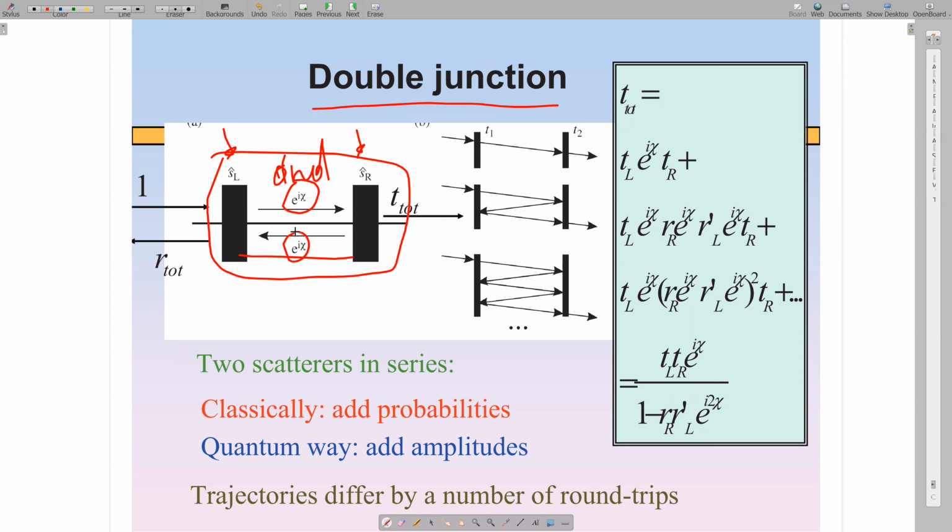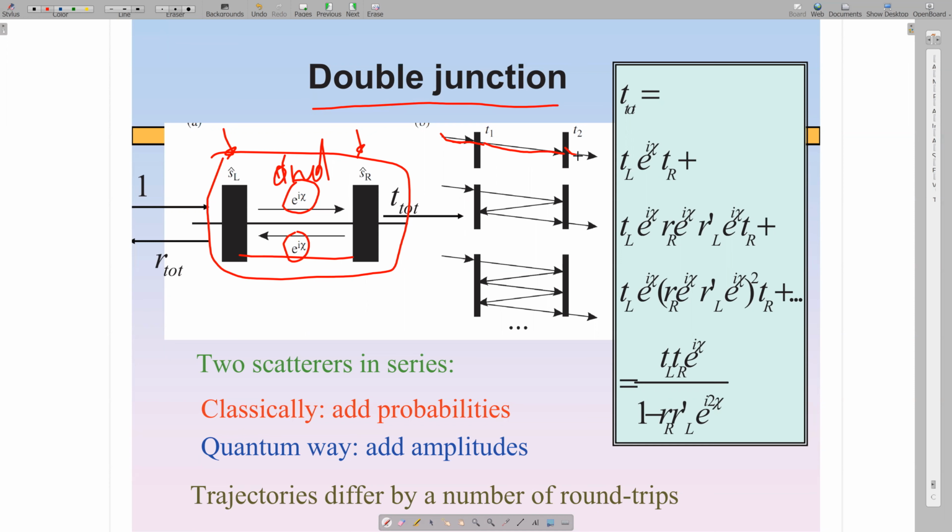Well, now let's get our hands dirty and compute the propagation through the double barrier. What is the simplest story which can happen to an electron? It can transmit the first junction, go to the second junction, accumulate phase shift, and get transmitted through the second junction.